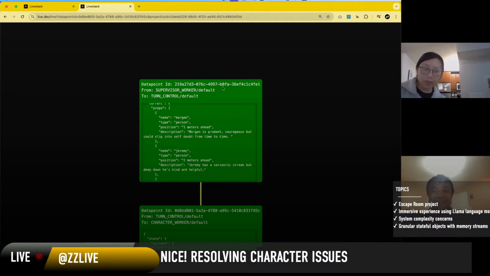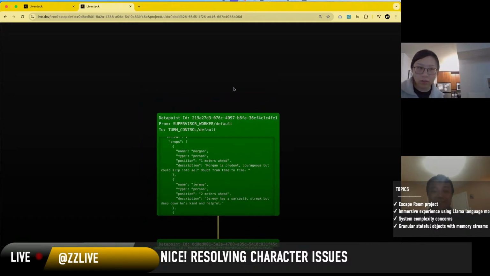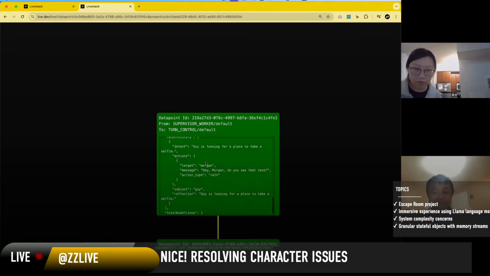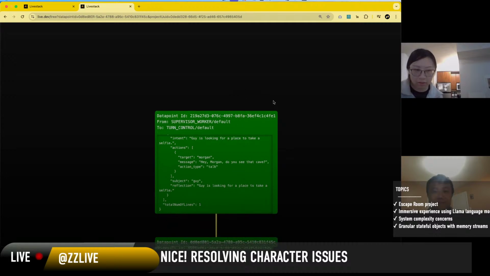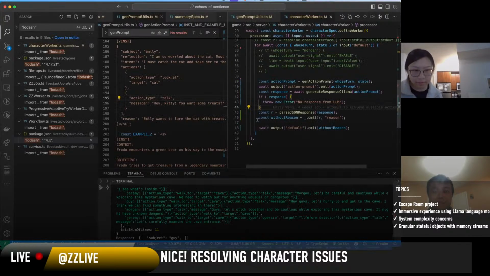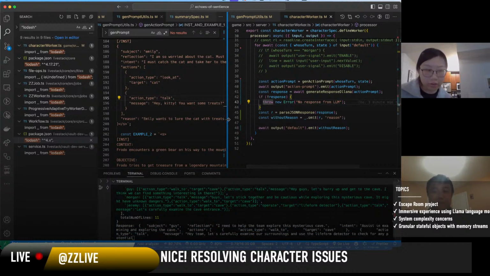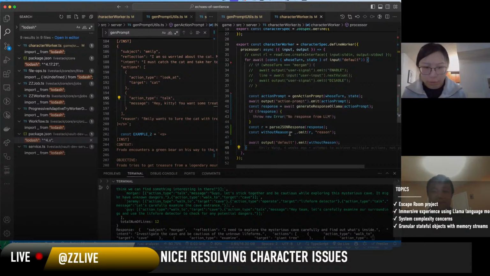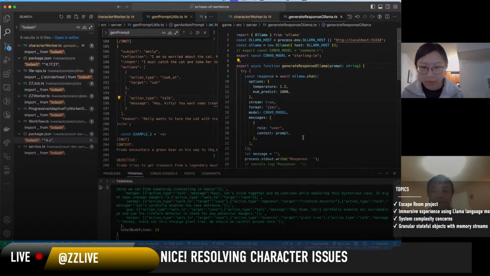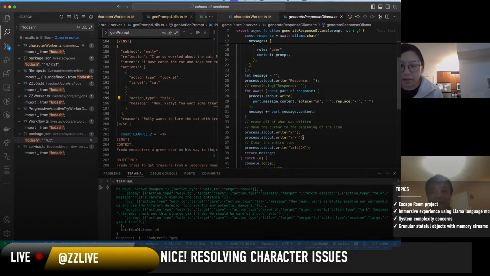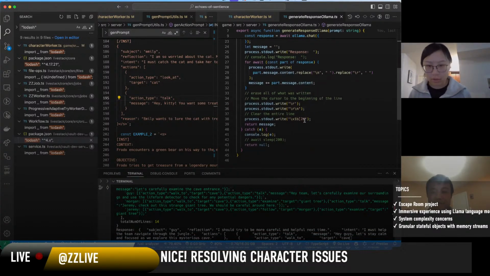Something else though, when we construct the new prompt, do we actually map intent and objective to the new instruction? What problem are you talking about? So when we construct the actual prompt, the prompt for the character? Yeah, I think it's called gen action prompt.